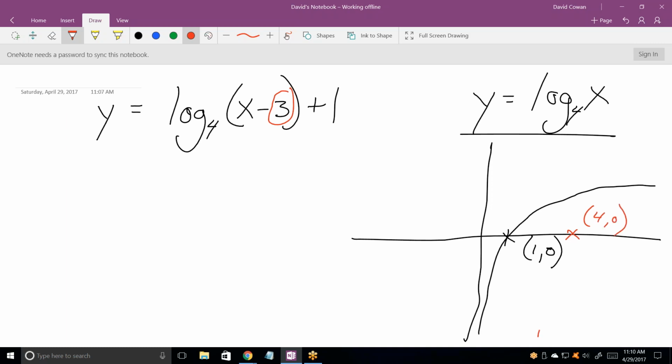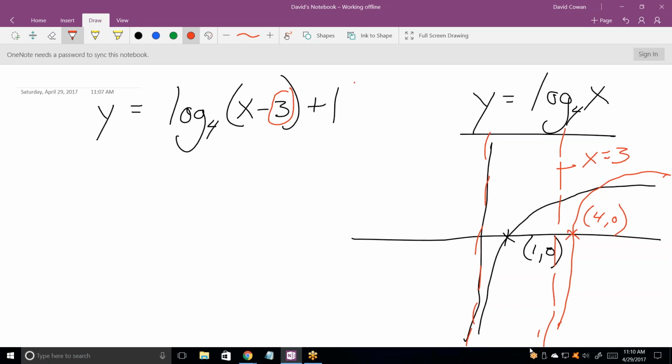Okay, and then I'm going to graph it, and notice that my original function actually had a vertical asymptote at x equals 0. So this one also has a vertical asymptote at where? At x equals 3.